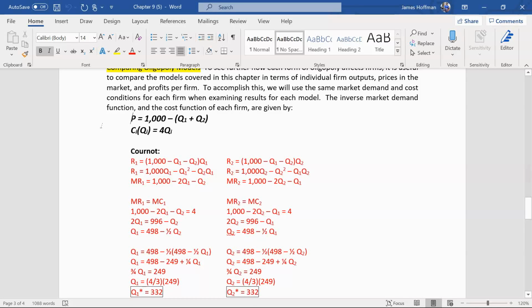Okay, so here we go. Here's the demand function. Price is 1,000 minus Q1 plus Q2. And here all the cost functions are 4Qi, so that means firm 1 is 4Q1, firm 2 is 4Q2, and so on.